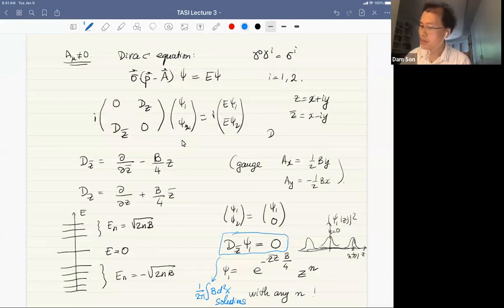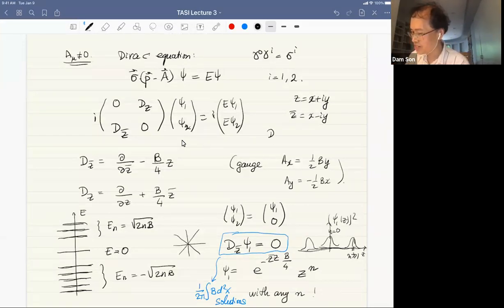And the same for other states. These are called Landau levels, and they are also degenerate.